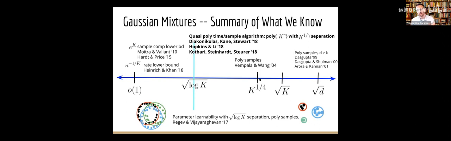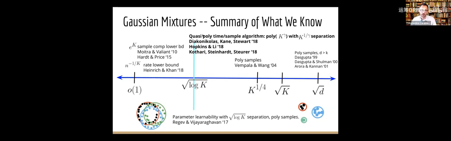There is a polynomial time algorithm that requires k to the gamma computation, or polynomial in that, and similarly some polynomial of k to the gamma number of samples. So that's the sample complexity and also the computational complexity.